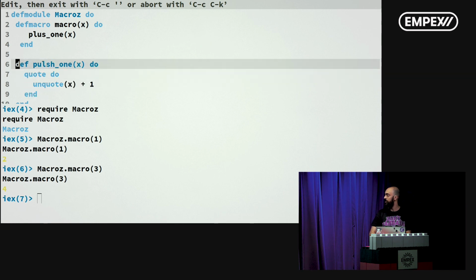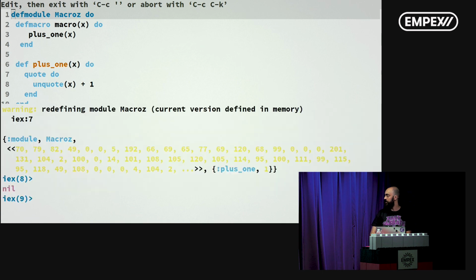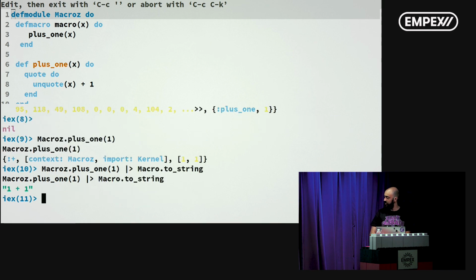Plus 1, okay. We evaluate again. Why is that? Because then we can do this. We can call plus 1. And we get this weird thing. This is Elixir code represented as data. And what we can do with this code, we can call Macro.to_string, to actually see the code we are generating. So the body of our module is actually this, 1 plus 1.